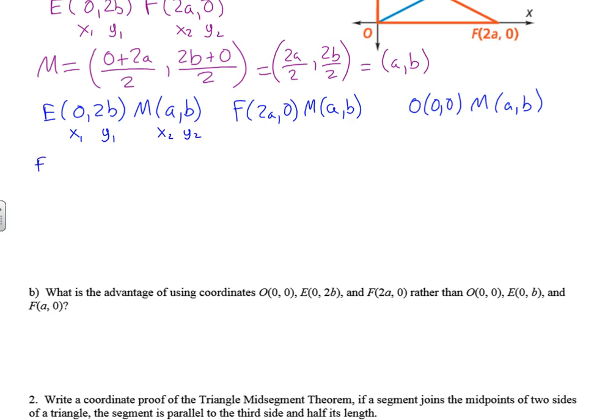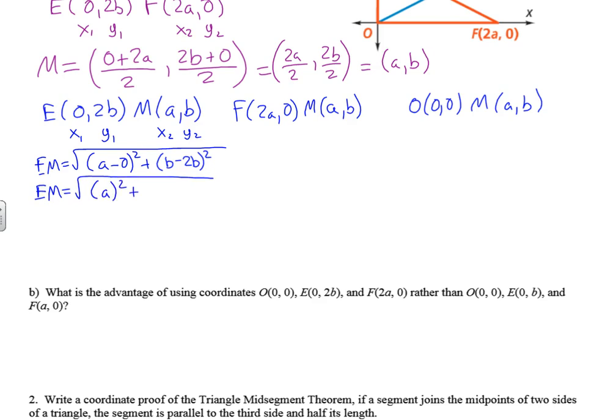Okay, so EM equals the square root of x2 minus x1 quantity squared plus y2 minus y1 quantity squared. This is going to put our algebra skills to the test. a minus 0 is a squared. b minus 2b is negative b, squared.